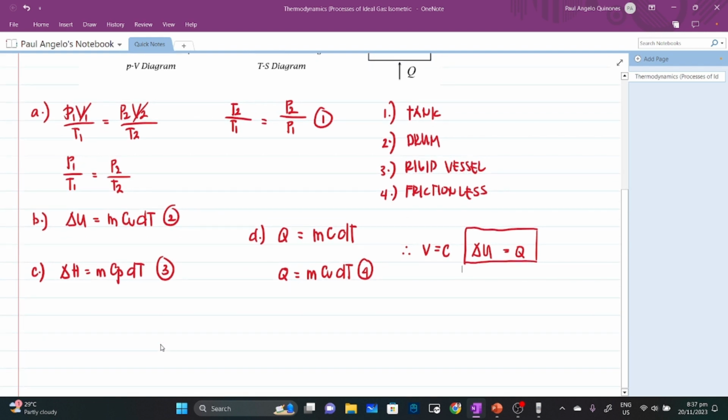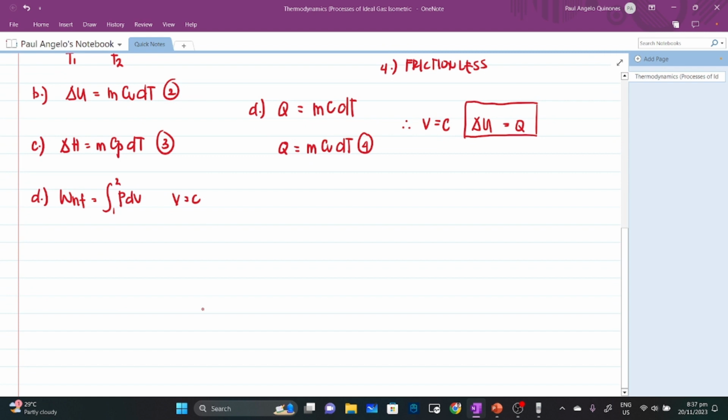Okay? Next, letter D. What if we are asked to solve for the non-flow work? We know that the equation for the non-flow work is the integral of P dV from point 1 to point 2. Next, our assumption earlier is that the volume is constant.